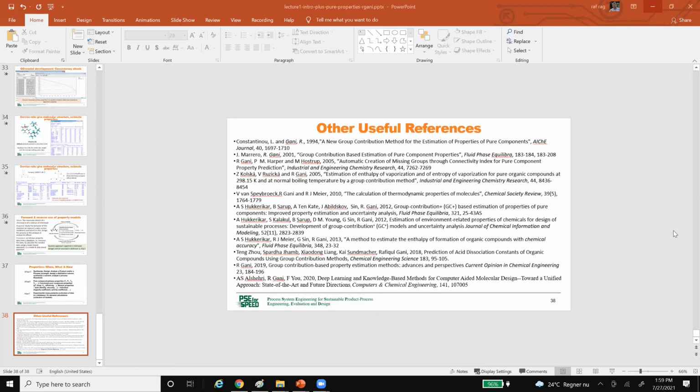Remember that in the case of polymers, one also needs to know the molecular weight distribution, which makes it more difficult. But for a repeat unit of a polymer, like polyethylene, how many polyethylene units would be in a polymer of 10,000 molecular weight? Those kinds of things can be predicted now, like the glass transition temperature and the density.